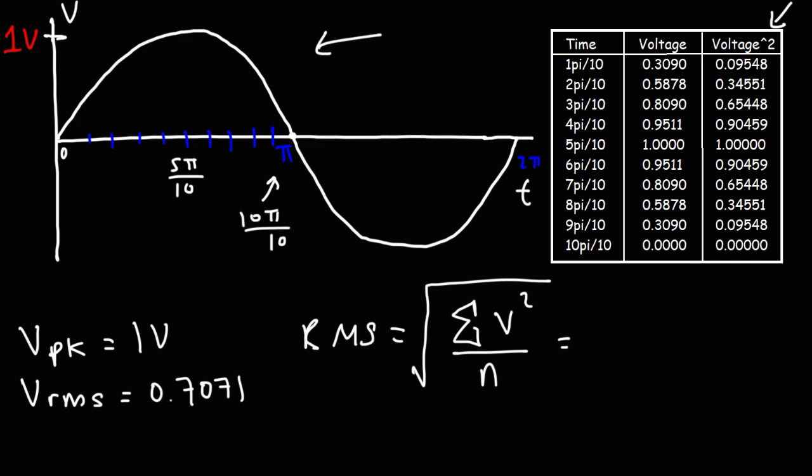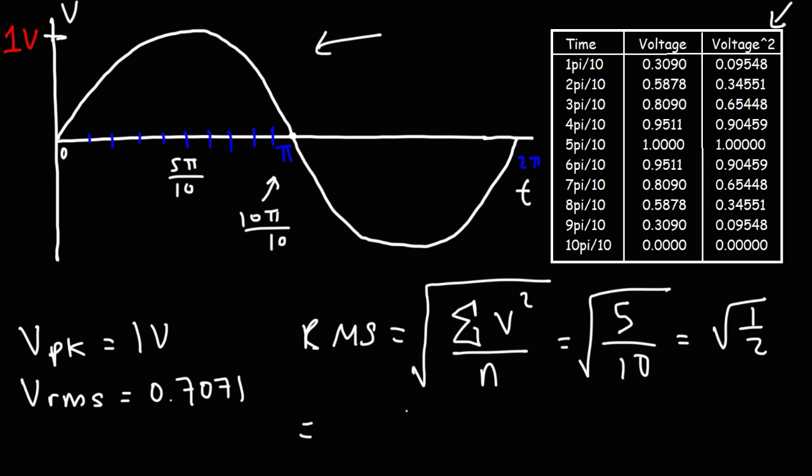And you should get approximately 5. I got 5.00012, but technically it's about 5. And we have 10 terms, so n is 10, and then we're going to take the square root of that number. So 5 divided by 10 is 0.5, or you could say 1/2.